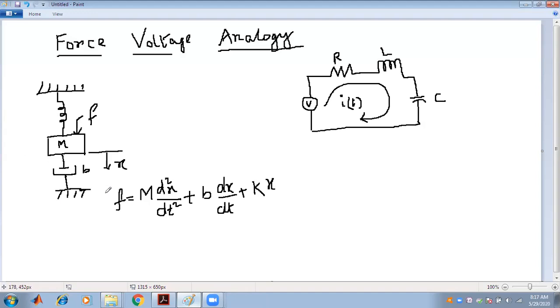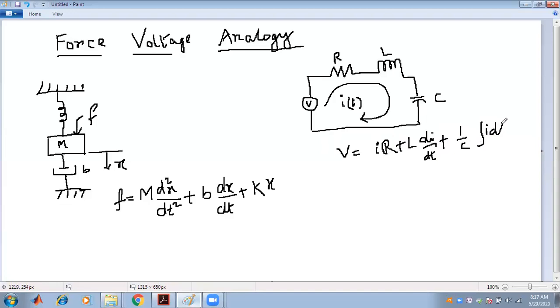Now for the electrical system, the voltage can be written as V equal to I into R, plus L di by dt, the voltage across the inductor, and the voltage across the capacitor can be written as Q by C, that is 1 by C integration of I dt.